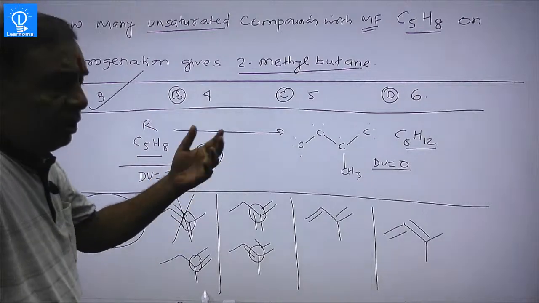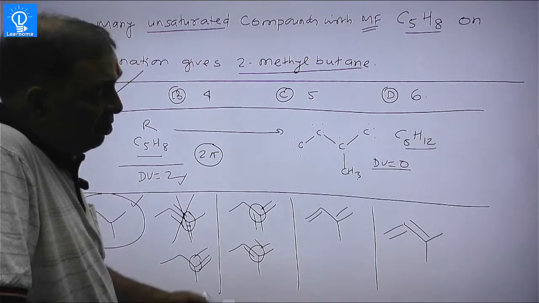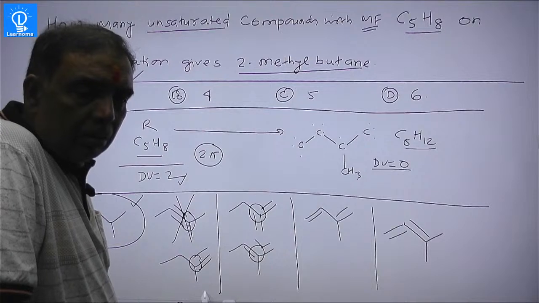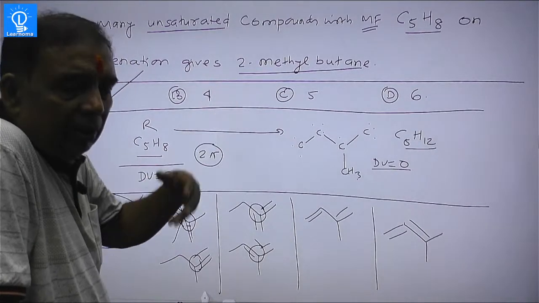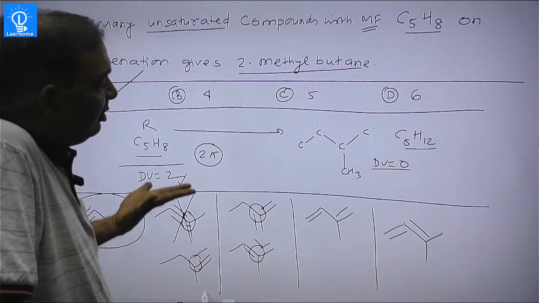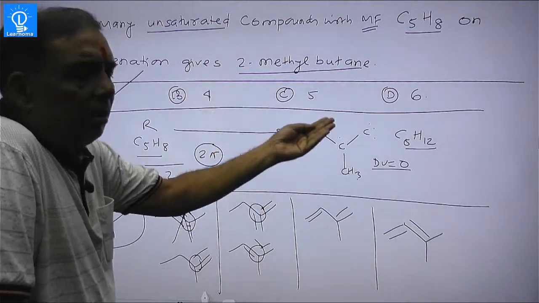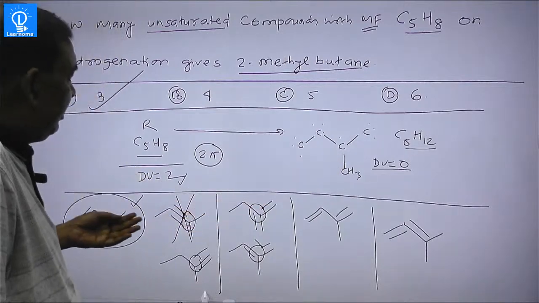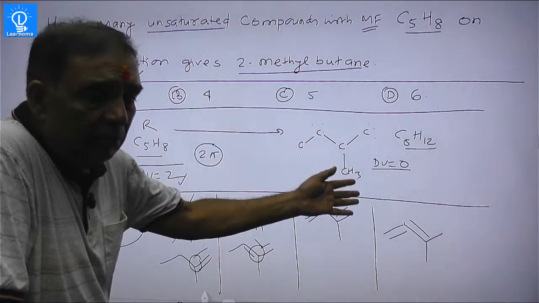What about this question? How do you rate this question? Is this tough? Sudhir, do you think that this is a tough question? No, it is simply a question of concept, a simple concept. Hydrogenation. All alkenes or alkynes will give the same product. The skeleton remains the same.